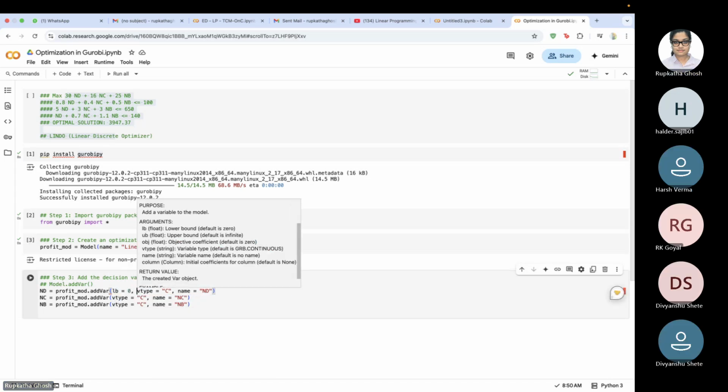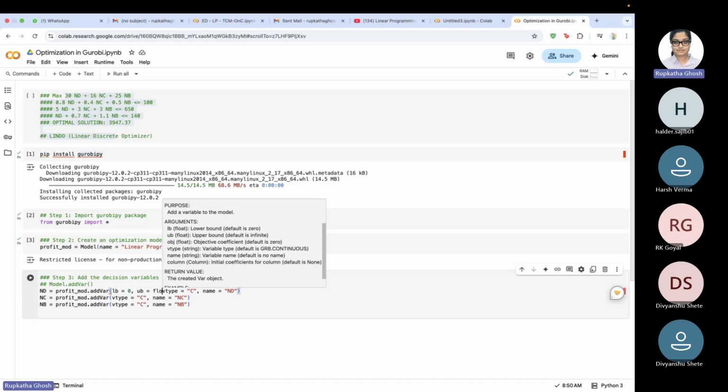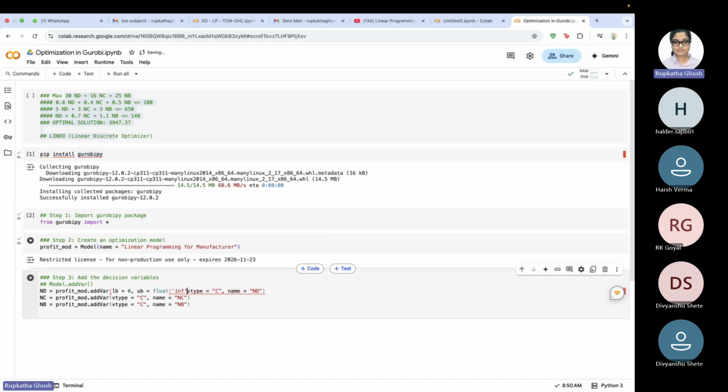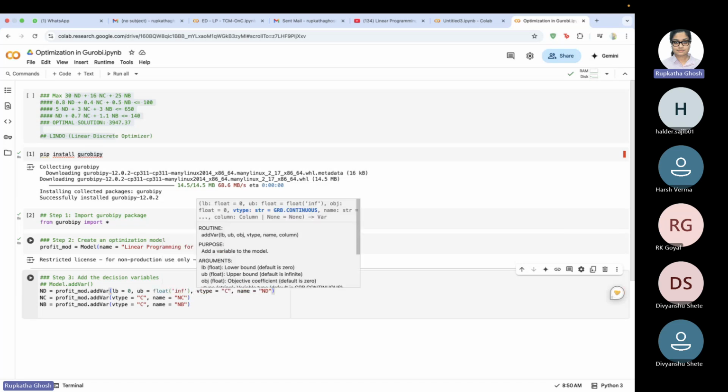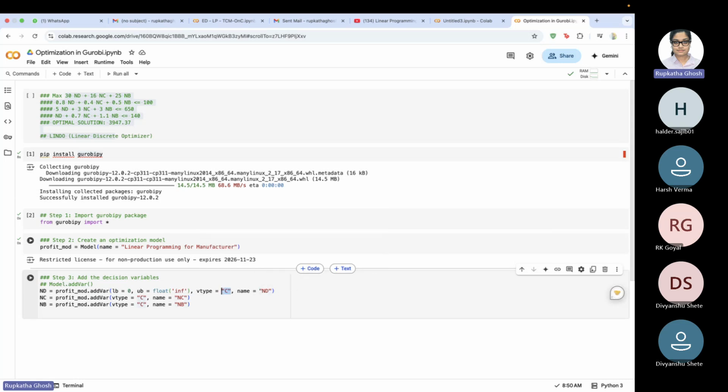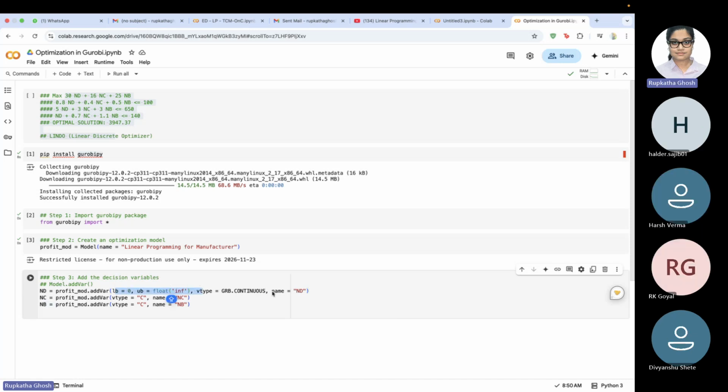Upper bound you can mention or not. We write it as float infinity. For the variable type, it is better you write the entire thing, GRB.CONTINUOUS. Name equal to ND. The same thing I will repeat for all the other decision variables.